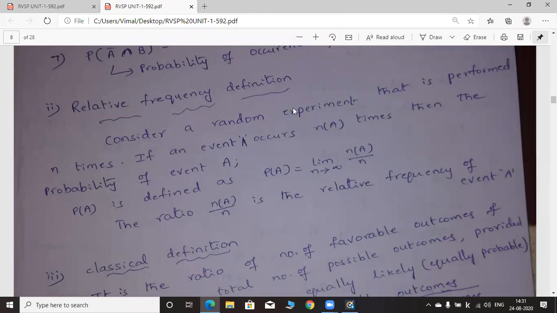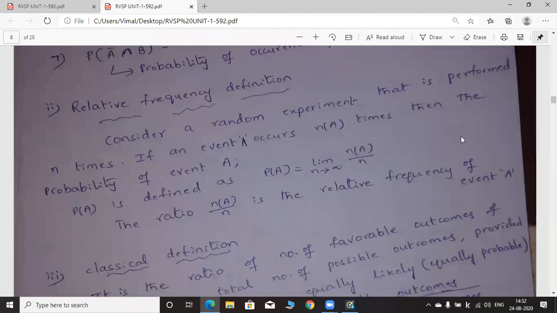That type of experiment we have to consider here, and it has to be repeated n times. If an event A occurs n of A times, then the probability of event A can be written as P of A is equal to limit n tends to infinity n of A by n.